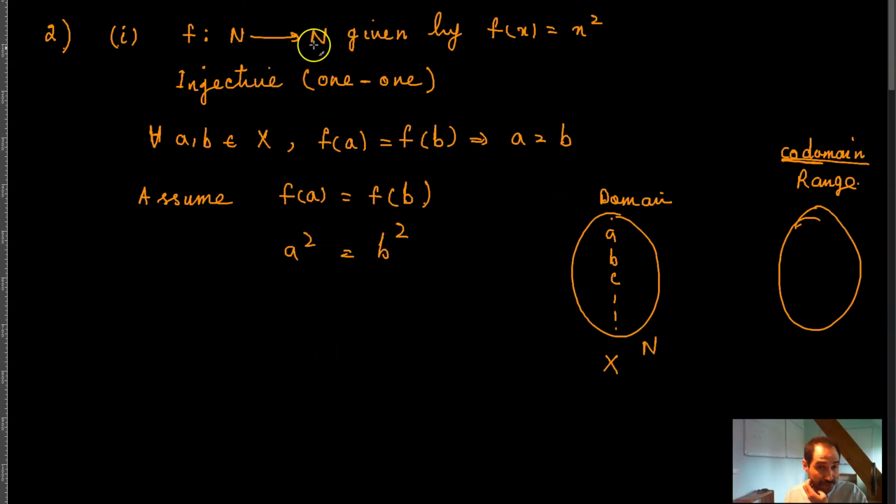And this N over here is telling me that the codomain of the function is also the set of natural numbers. So now when you want to solve this equation, you need to solve it based on the fact that the domain and the codomain of the function are both the set of natural numbers.